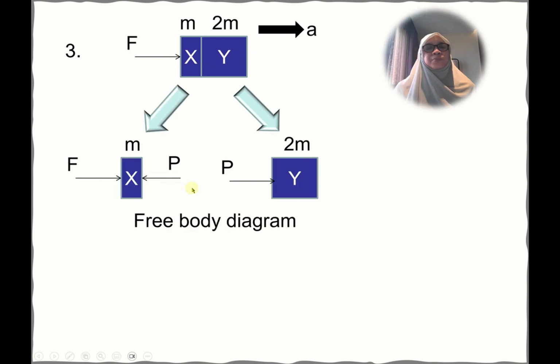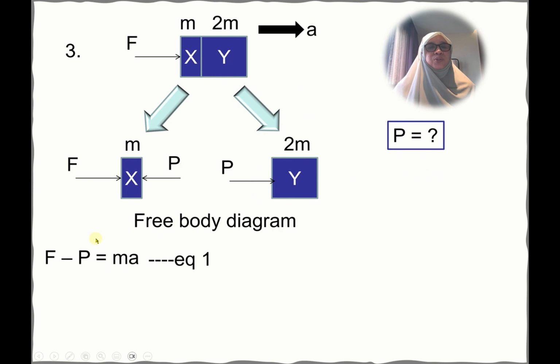So for the free body diagram for block X, there is the force F applied to X, and then the action-reaction force between the two surfaces of blocks X and Y, which we call P. P direction is towards X, and this other P is towards Y, because the direction of Y is to the right.